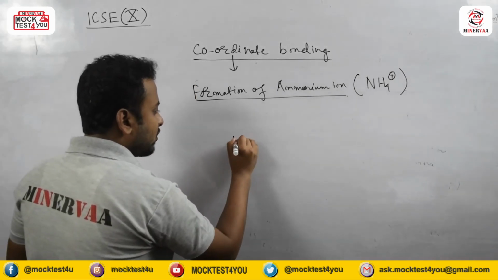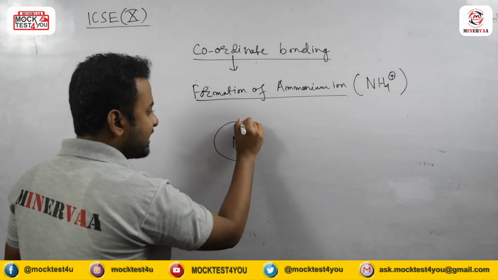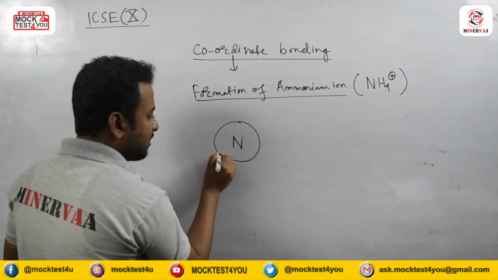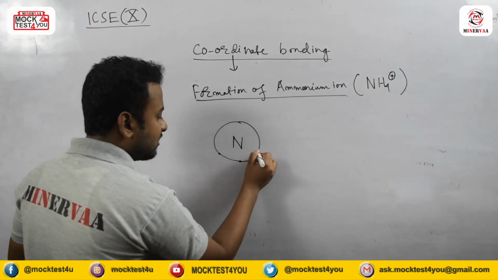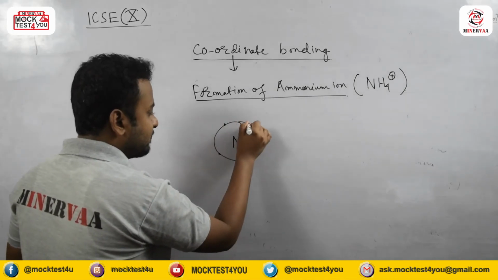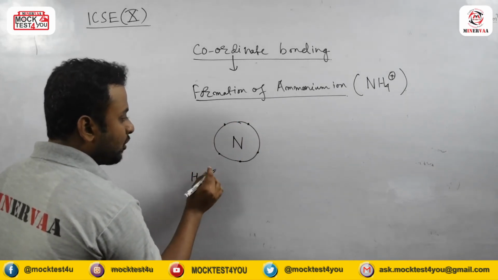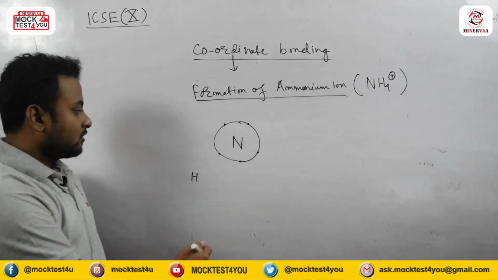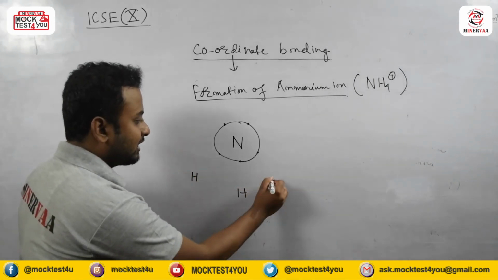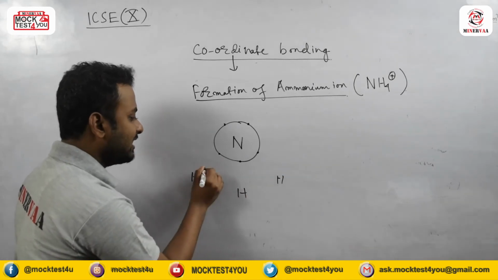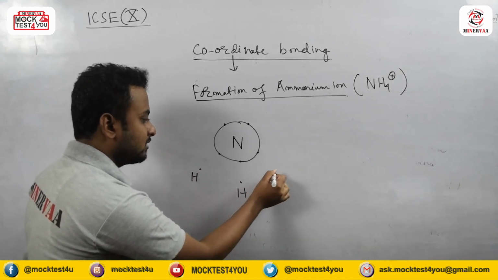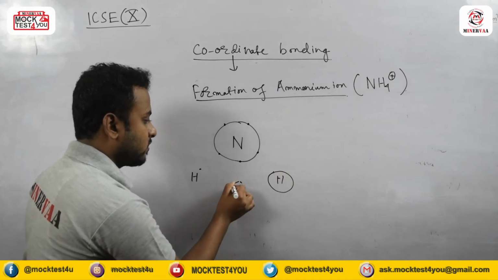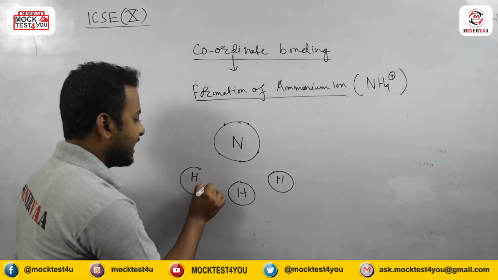N has 5 electrons in its valence shell: 1, 2, 3, 4, 5. So it needs another 3 electrons to get stabilized, right? So 3 hydrogen atoms can share 3 electrons with the nitrogen.